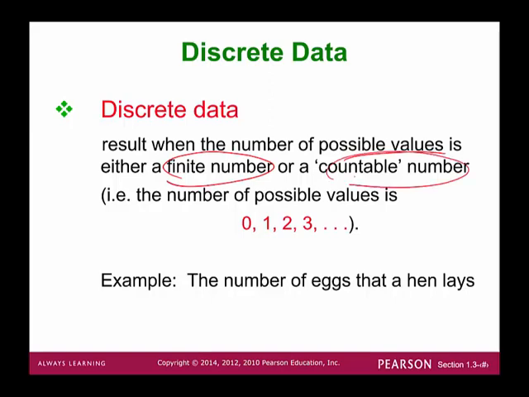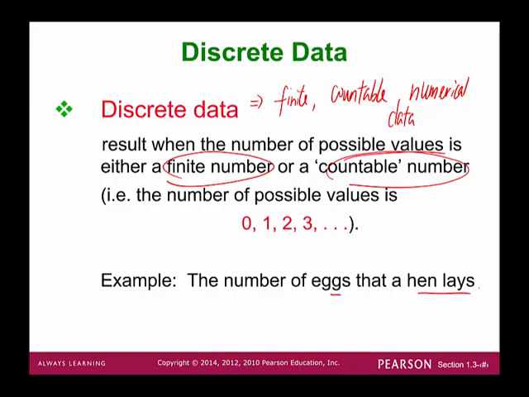The simple language used to describe discrete data will be finite, countable, numerical data. The number of possible values could be 0, 1, 2, 3, and move on. For example, the number of eggs a hen lays on a farm.